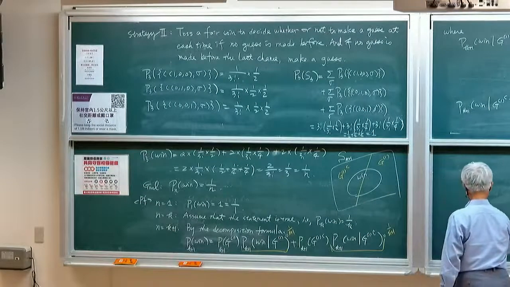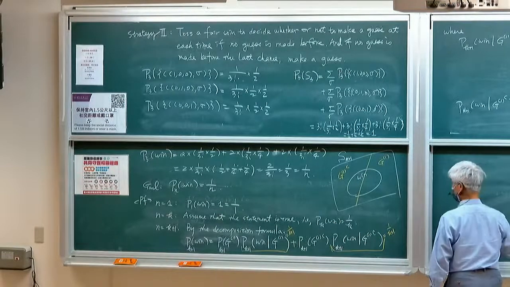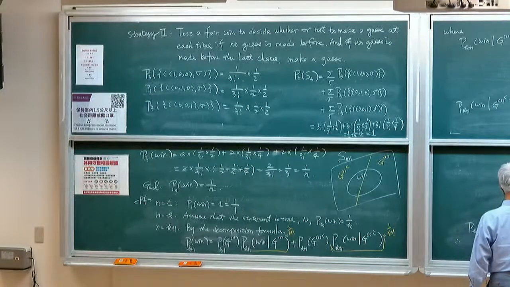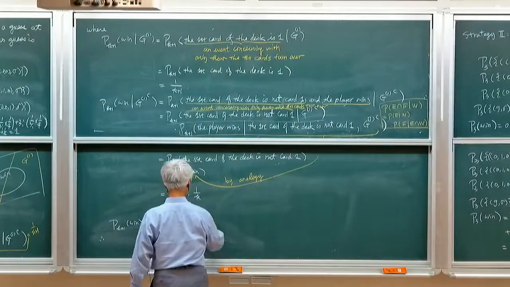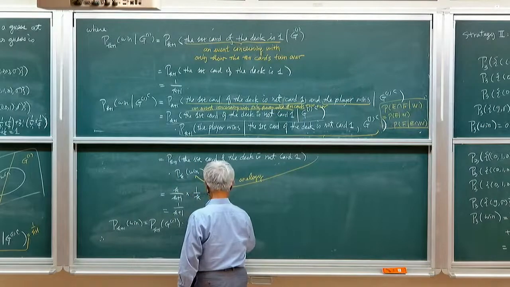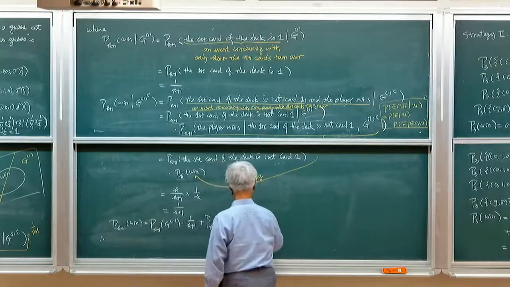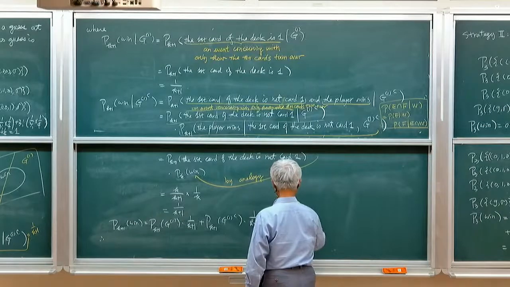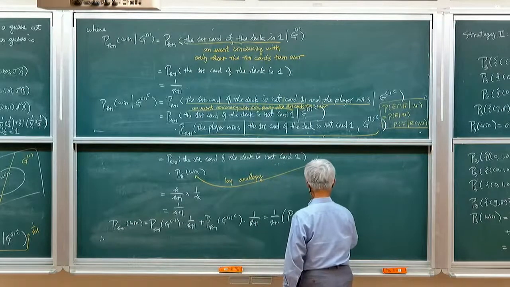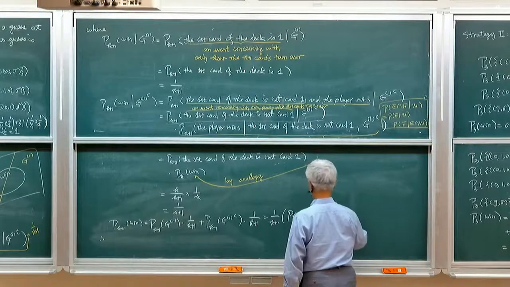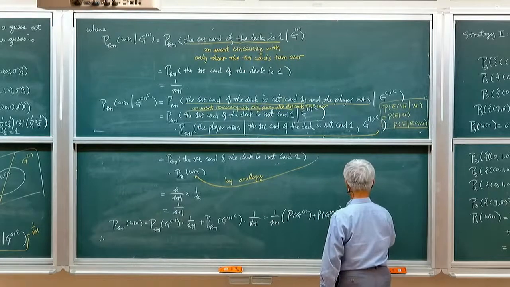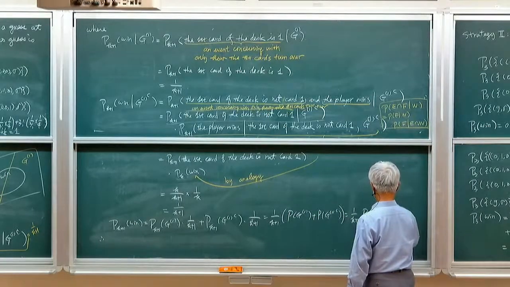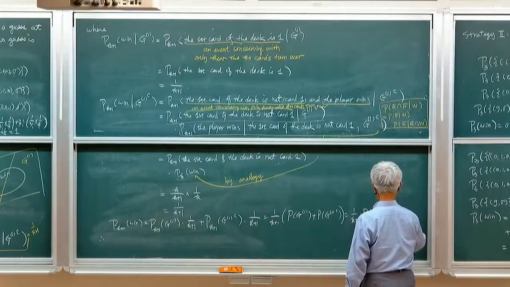All right, so P_{k+1} of win is equal to P_{k+1} of G1 times 1 over k plus 1, plus P_{k+1} of G1 complement times 1 over k plus 1. So this is 1 over k plus 1 times P(G1) plus P(G1 complement), so this is 1 over k plus 1.